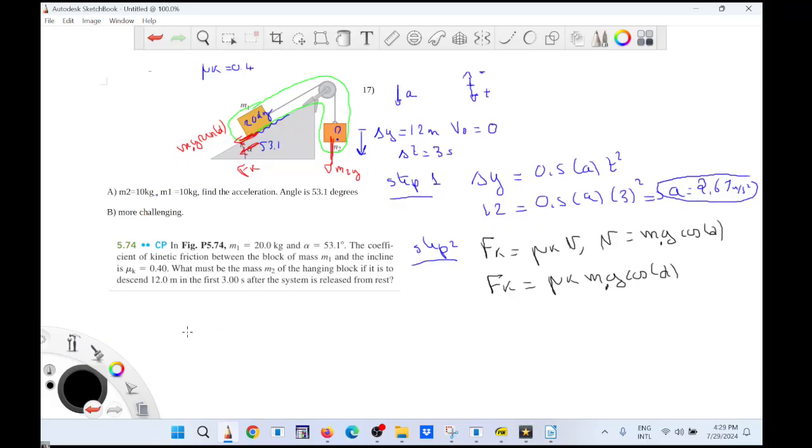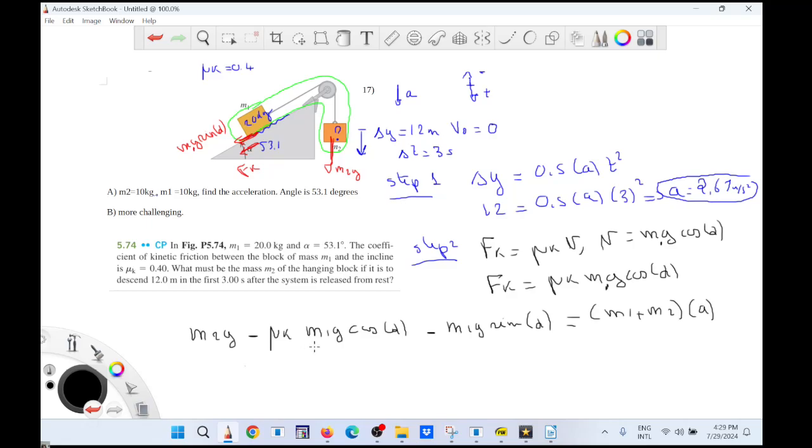So the driving force is M2G minus mu k M1g cosine alpha, that's the friction using the normal force, minus M1g sine alpha, and that's equal, like before, to M1 plus M2 times A. And the idea is to solve for M2.